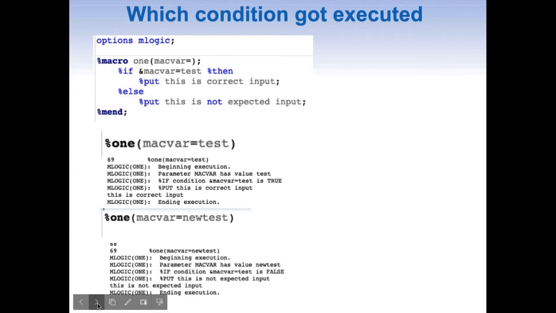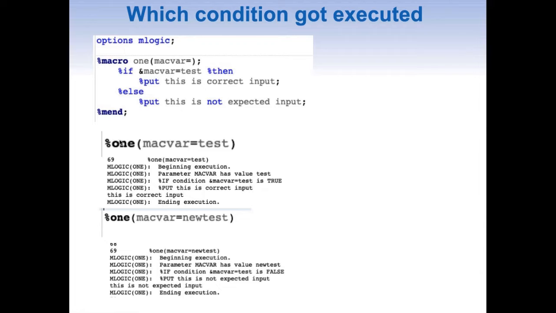Now let us go a little deeper and understand the execution pattern and what happens. To understand how a macro is executed, it is always important to have options MLOGIC. It tells about how your macro is executed, and when you have %if %then, it also tells what's happening in your %if %then %else statement.